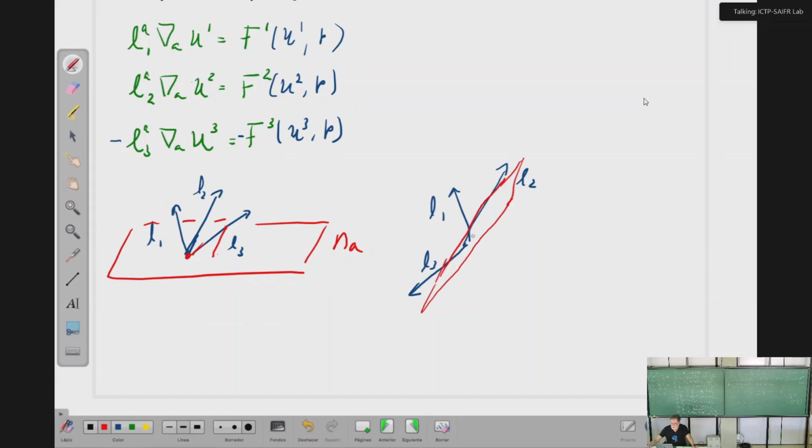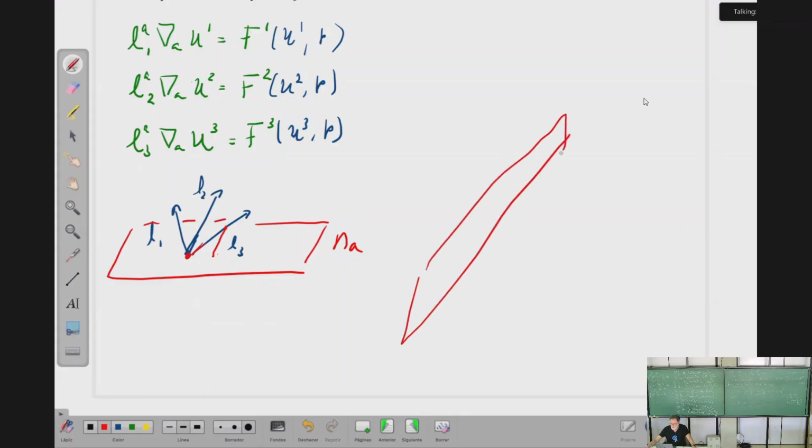So that the three vectors are pointing, well, not very nicely drawn. Let me draw it better. I will draw the surface first, and then I will draw the vectors. So one vector is like this, the other vector is like that, going out, and the other vector is coming like this. So this is minus L3, L1, L2.